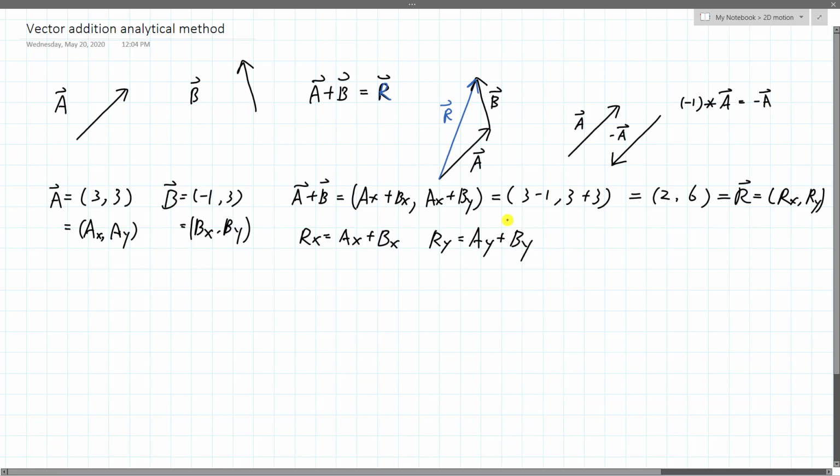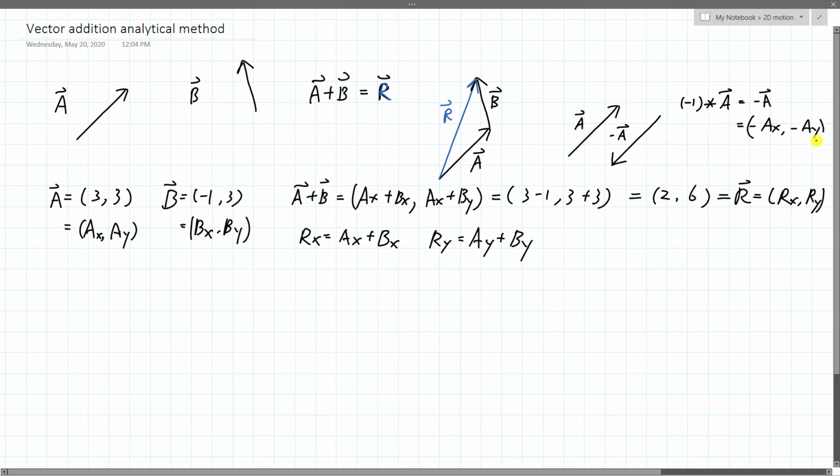And now we have this idea that A is a sum of x and y components. So essentially, you're reversing the x direction. See, this was going to the right 3 steps. Now we're going to the left 3 steps. It was going up 3 steps. Now we have going down 3 steps. So this is actually the negative of ax and the negative of ay.